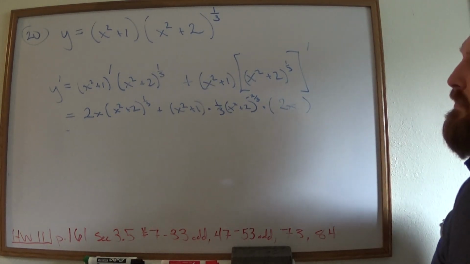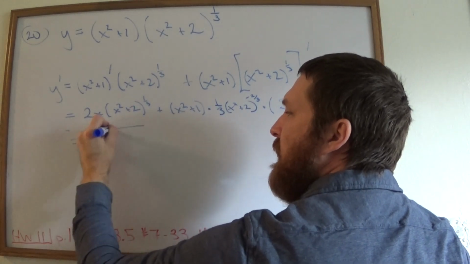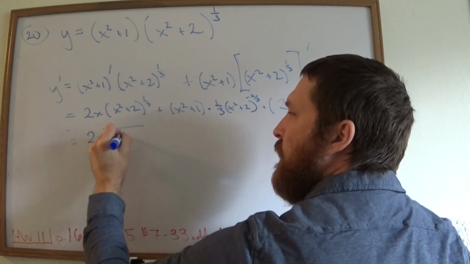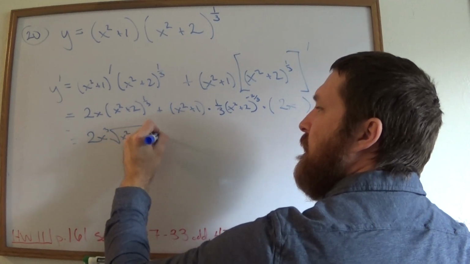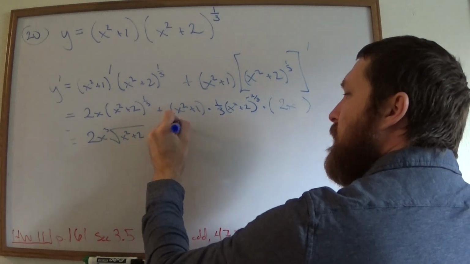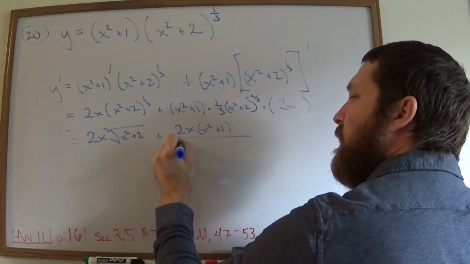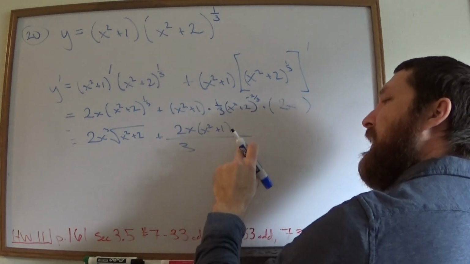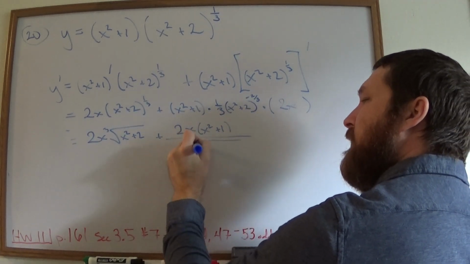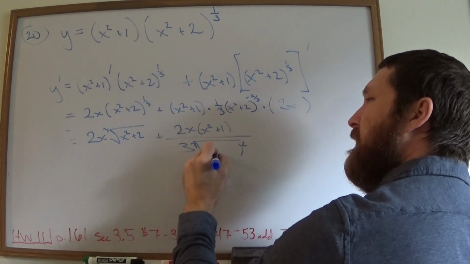You could say, okay, there's 2x, that's the cube root of x squared plus 2, plus 2x times x squared plus 1 over 3. That guy comes into the numerator or denominator and is squared.